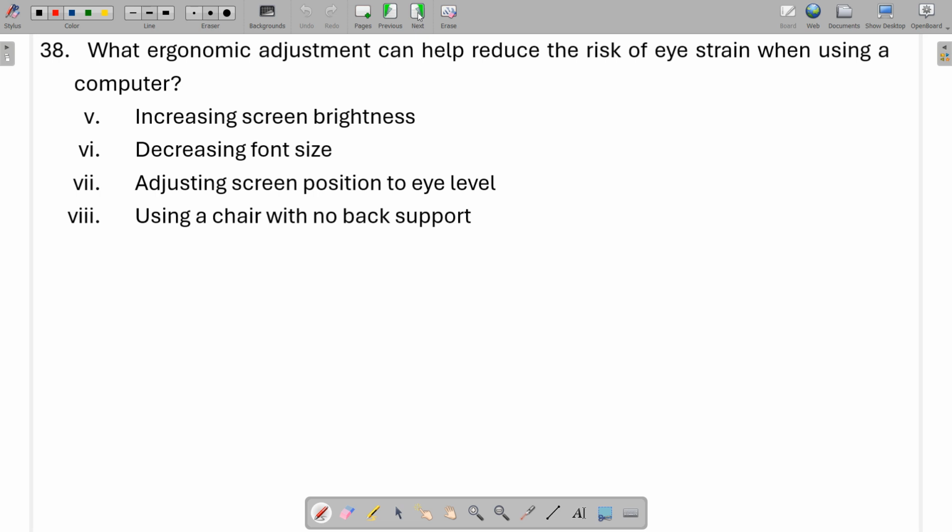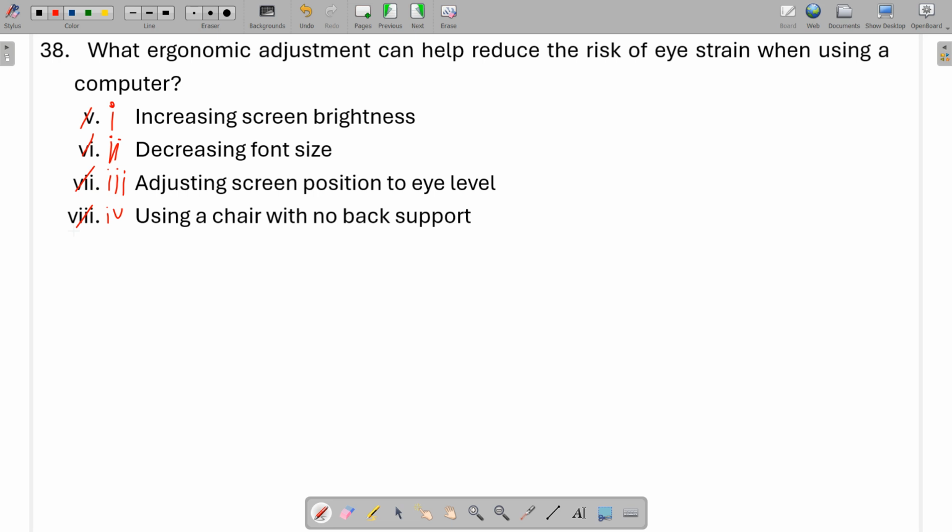Here they are specifically talking about the risk of eye strain. The numbers of the answers are being changed here, so you better go with Roman number 1, Roman number 2, Roman number 3, and Roman number 4 instead of these things.